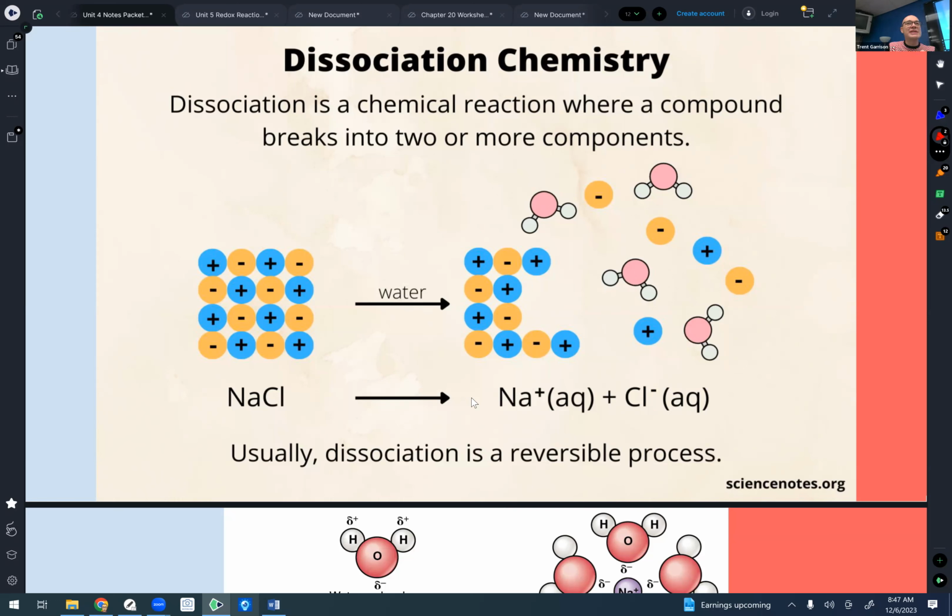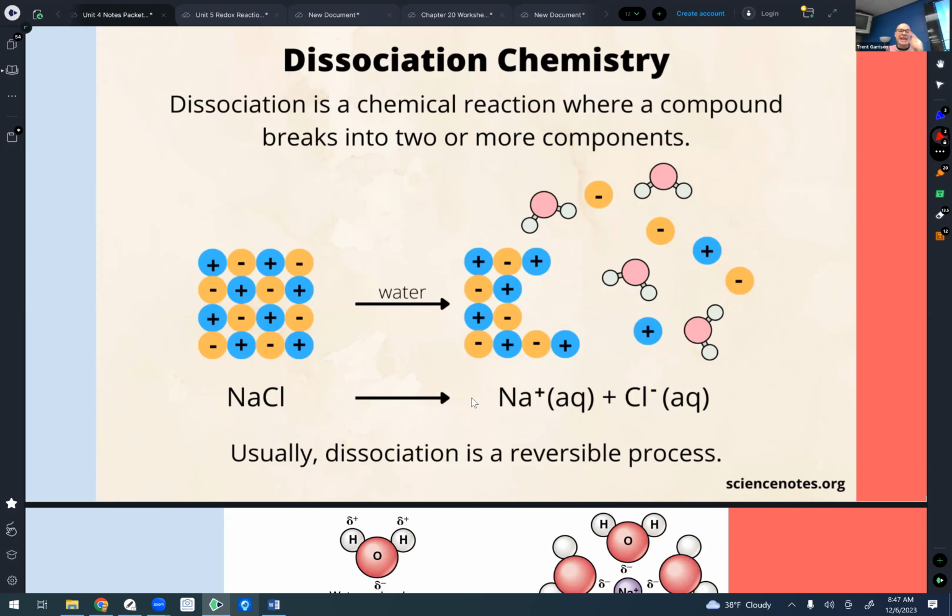All right. Dissociation means you are separating into its constituent parts. So if I have salt, NaCl, you put it in water, it's going to dissociate into a positive sodium and a negative chlorine. They're going to break apart into ions. So this is very specific. Dissociation tells you that it breaks apart into ions.